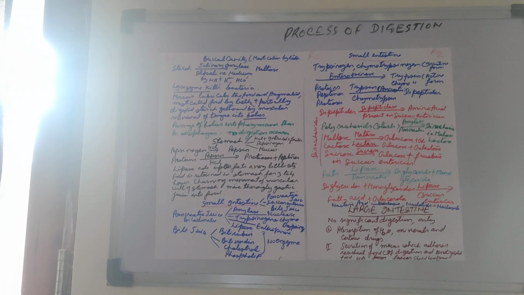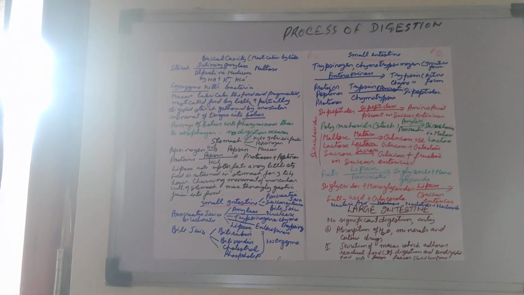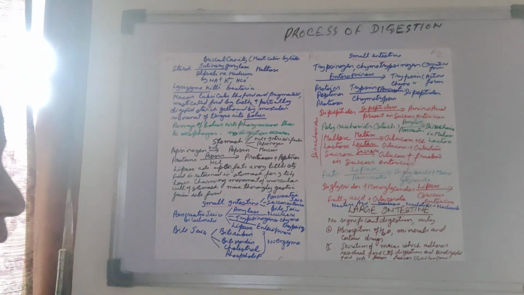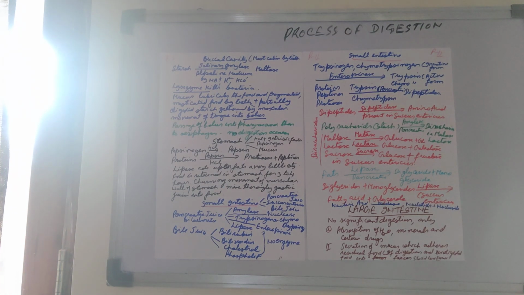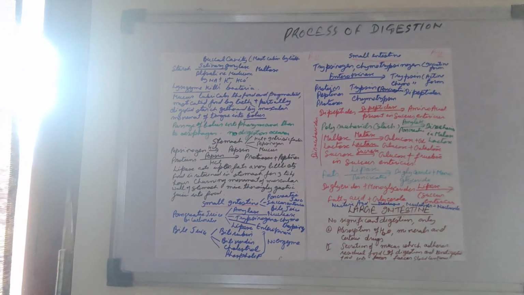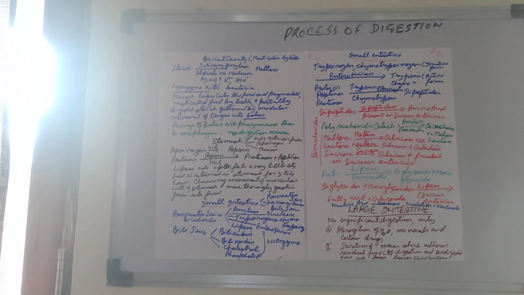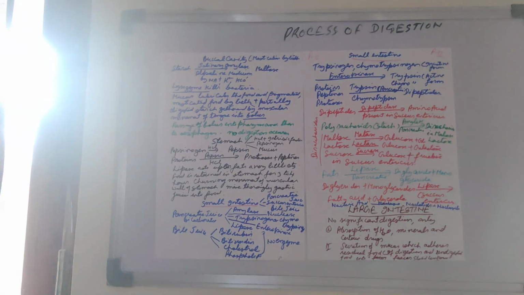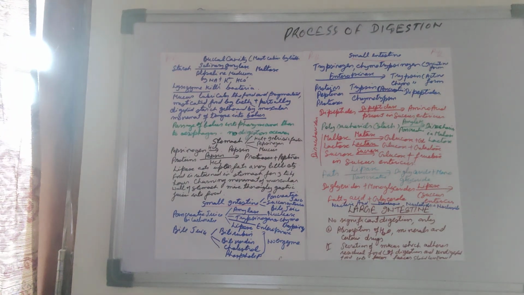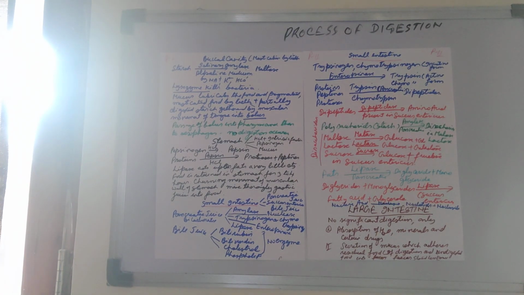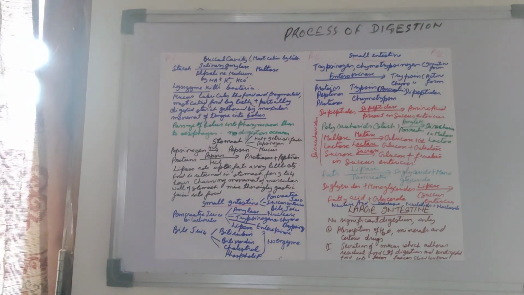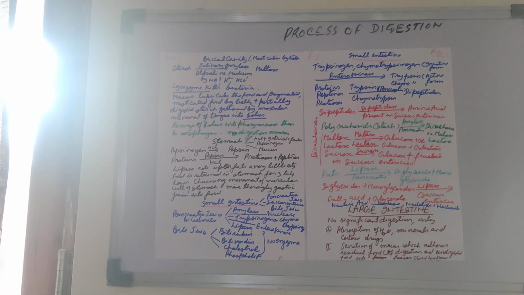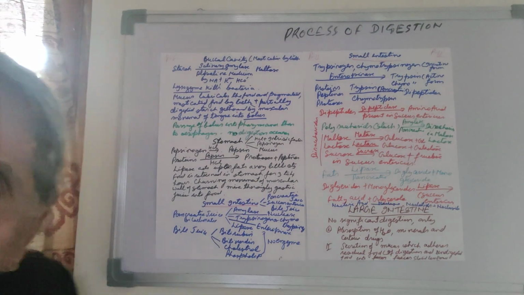In the small intestine, two types of juices are released: pancreatic juice from the pancreas and bile juice from the liver. The pancreatic juice and the bile juice are released into the small intestine by the hepatopancreatic duct. The pancreatic juice contains pancreatic amylase, trypsinogen, chymotrypsinogen and lipase, along with bicarbonate ions.